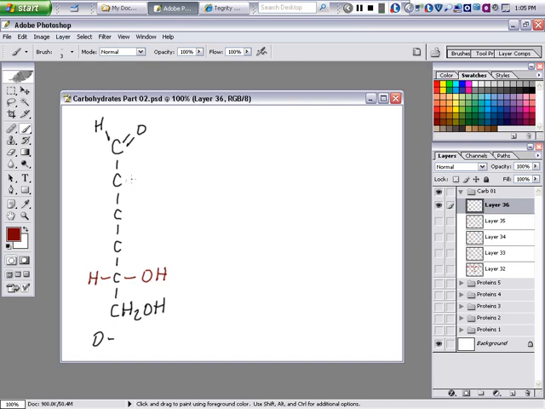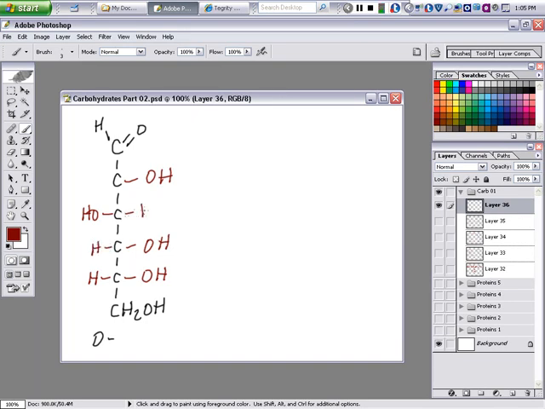So I can just tell you now. The first chiral center, number 2, is to the right. Number 3 is to the left. And number 4 is to the right. So really for glucose, all you need to do is remember one thing.